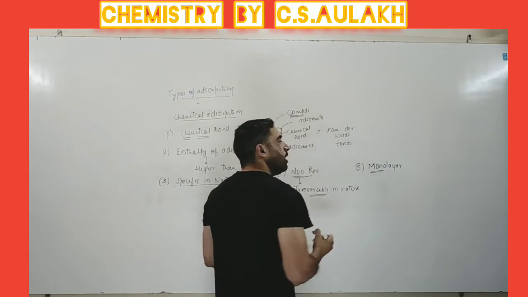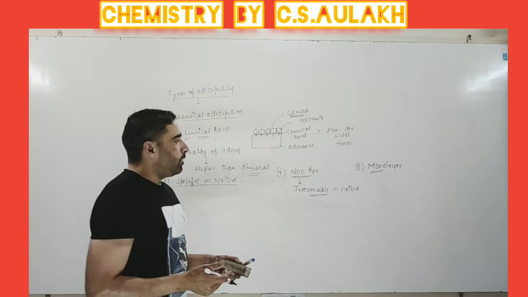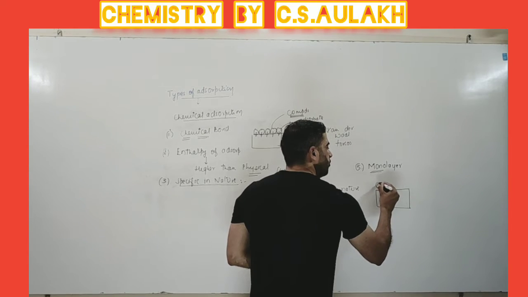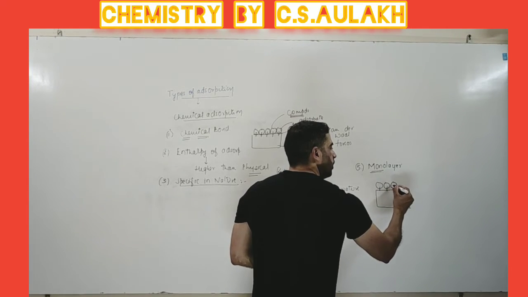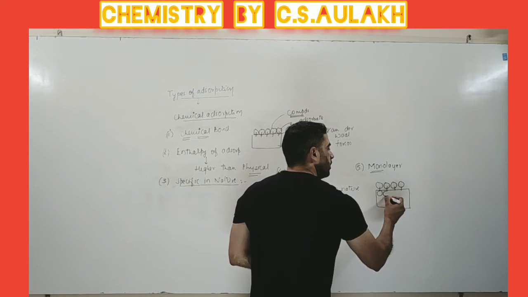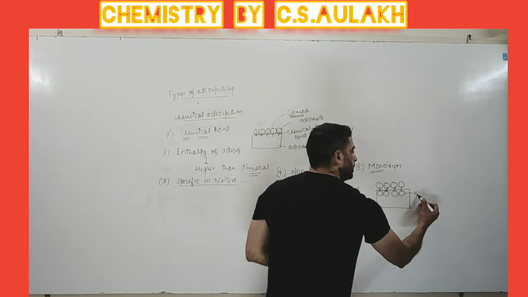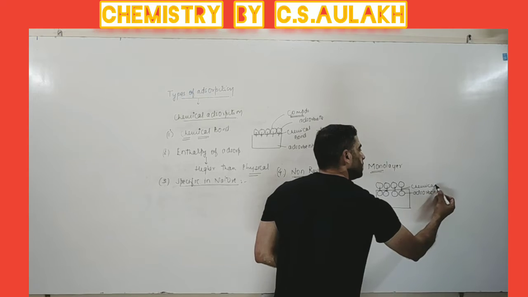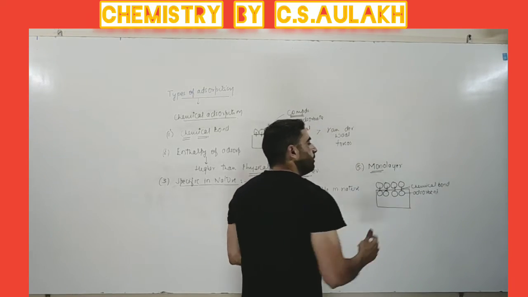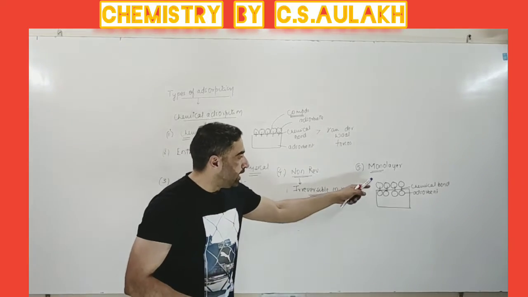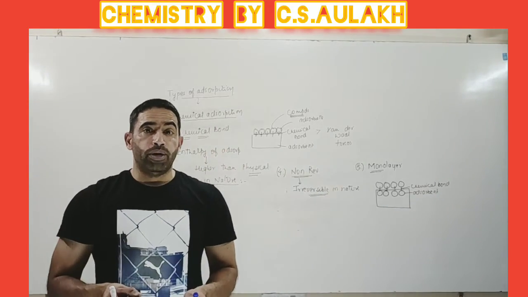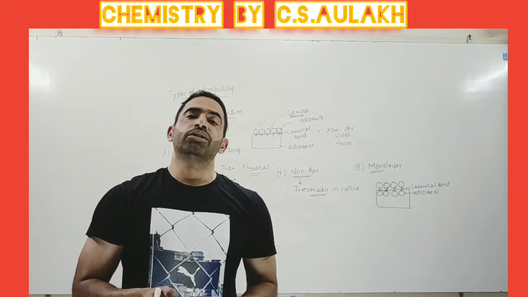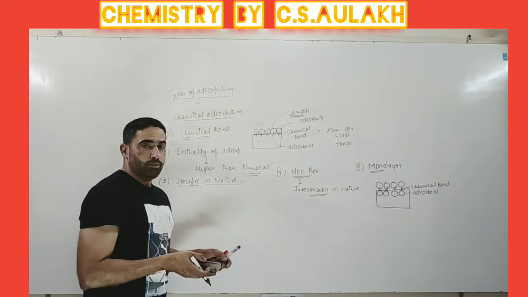Monolayer means, because the compound is formed by the formation of a chemical bond between adsorbate and adsorbent, when one molecule or atom of the adsorbate comes in front of an adsorbent molecule, only then is there the formation of a chemical bond. So only one layer of the adsorbate molecules will be formed over the surface of the adsorbent. So we call it a monolayer.